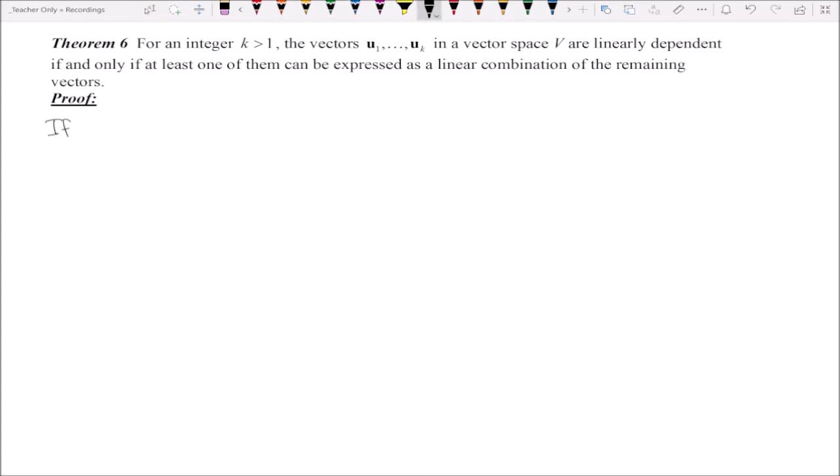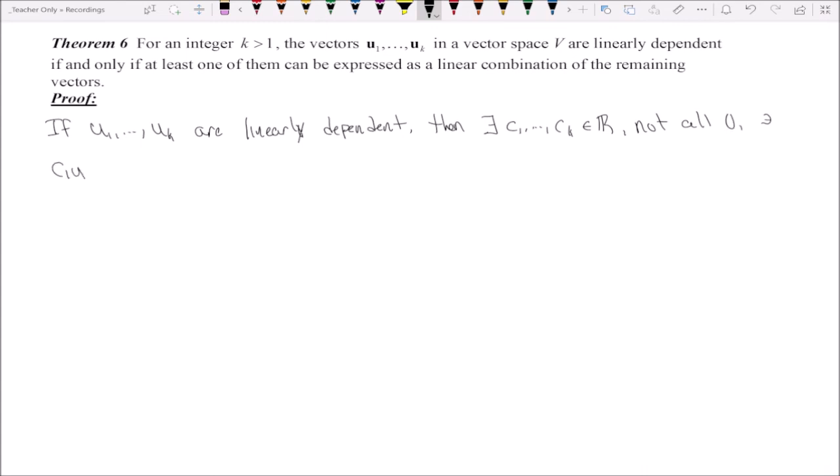So if u1 through uk are linearly dependent, then there exist constants c1 through ck, not all zero, such that c1u1 plus so on plus ckuk is equal to 0.